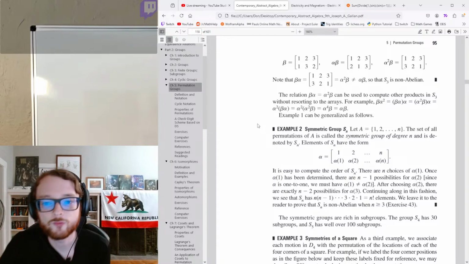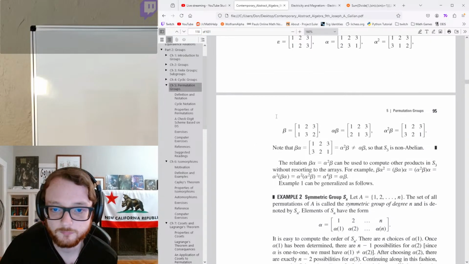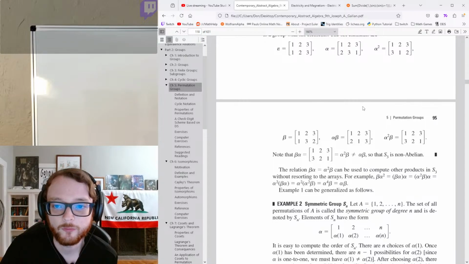That's right, and they gave this trick where in this initial listing of 6 elements, there is no beta times alpha listed. So if you're asked to compute what, wait. Well, okay, I guess they're doing the reverse direction.